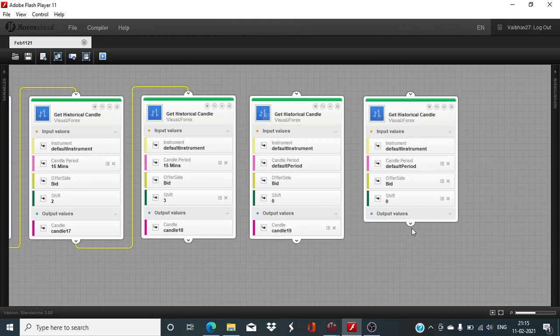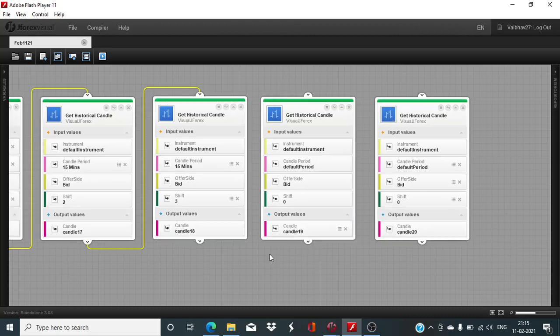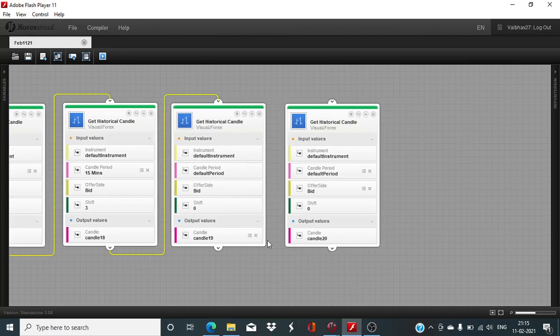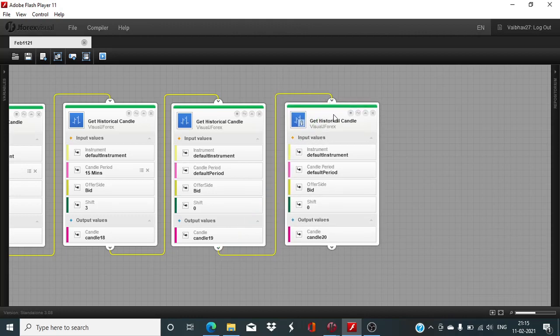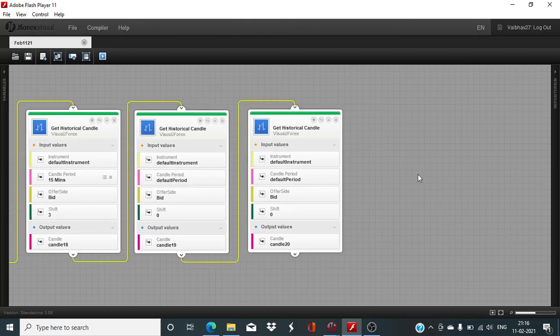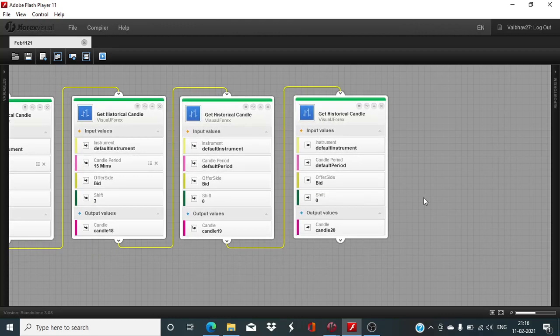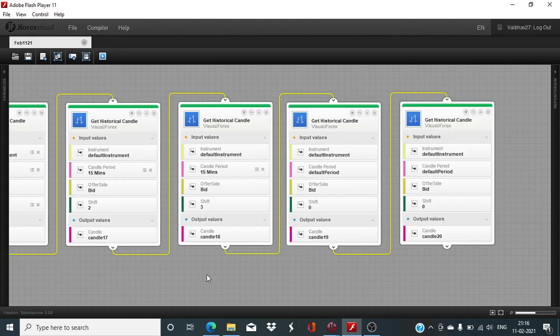This we will use to compare the closing values with the 15-minute historical candle, and only when we see the continuation of the price action in the desired direction for the buy trade, the prices of these historical candles with the shift 1 should be higher than the 15-minute historical candle.